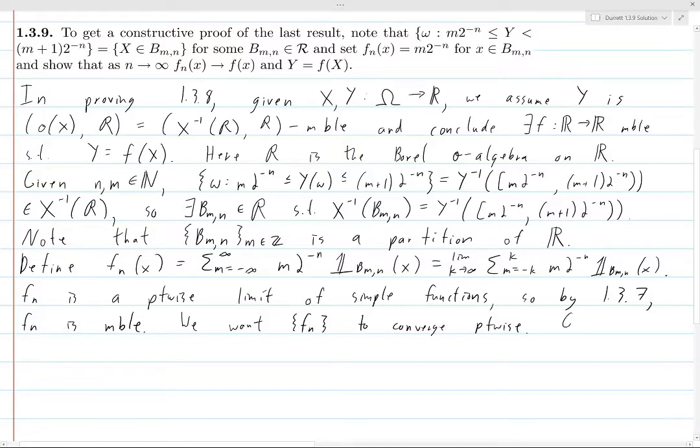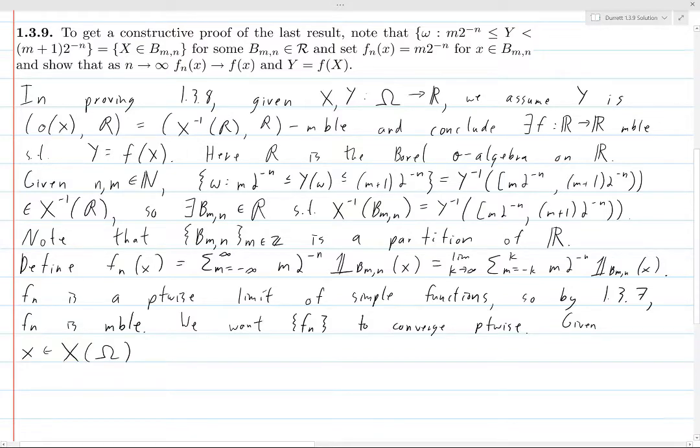So given an x value, and I'm just going to specify here that this is going to be an x value in X of omega.